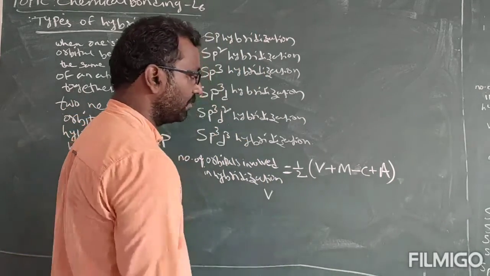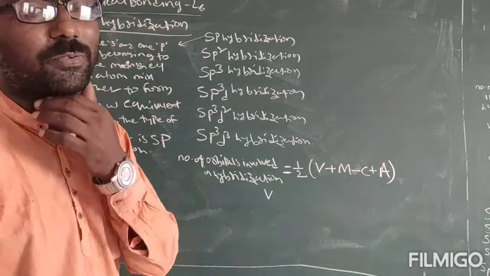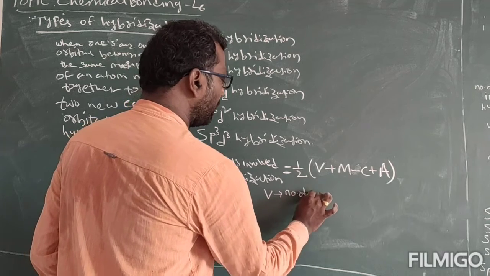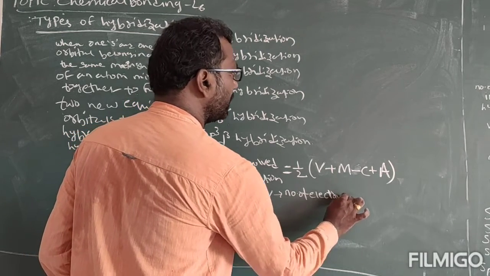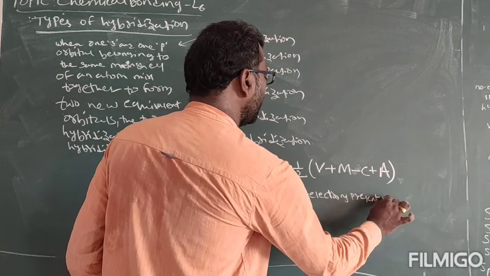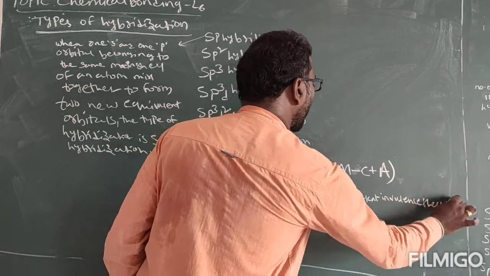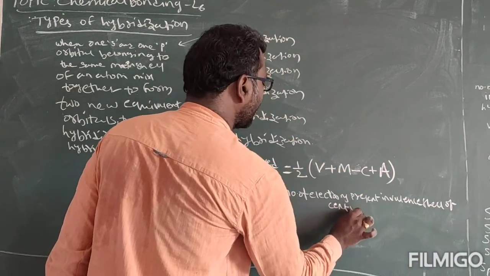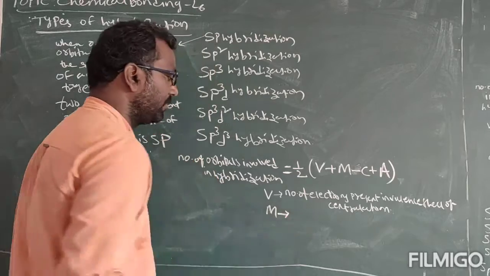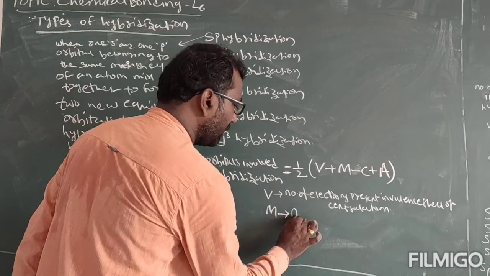What is V? V represents the number of electrons present in the valency shell of the central atom. M means the number of monovalent atoms.